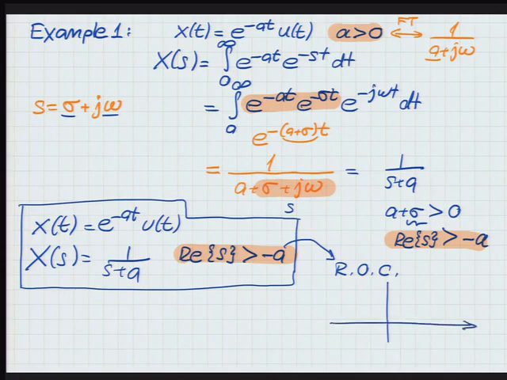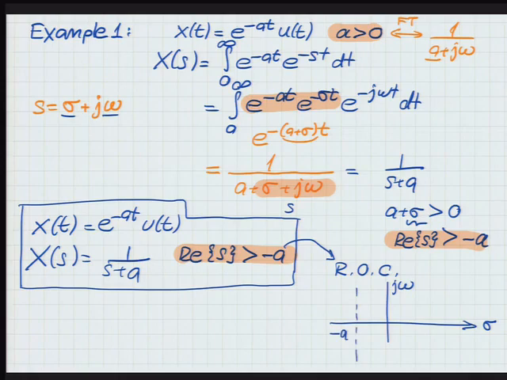And in this case, if I look at the complex plane, the s plane, the real part is sigma, the imaginary part is omega, right? The set of complex variables s for which the convergence happens is when the real part, sigma, is bigger than negative a. And let's say a is a positive number, so negative a is a negative number, right?